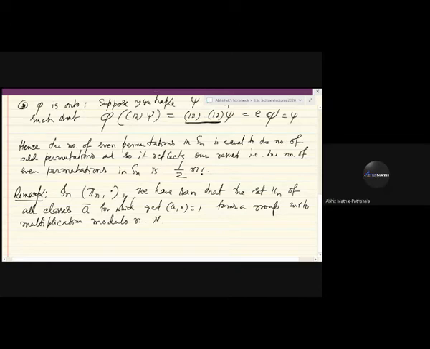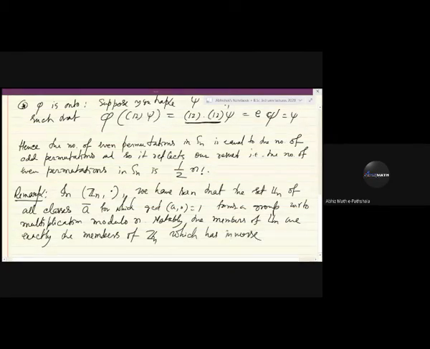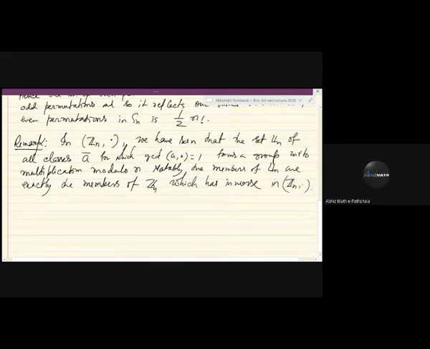And notably, the members of Un are exactly the members of Zn which have inverse in Zn dot. So are exactly the members of Zn which have inverses in Zn dot, right?